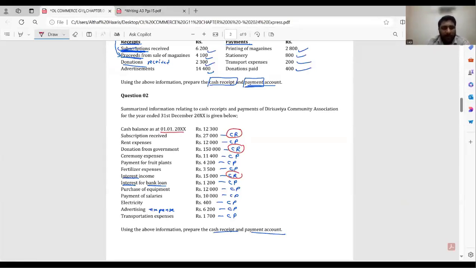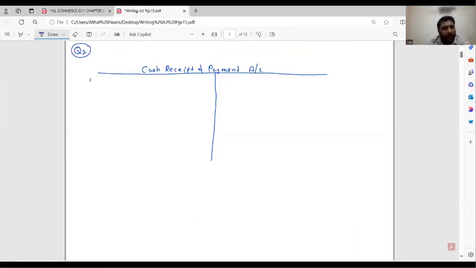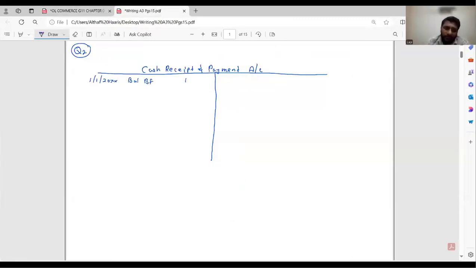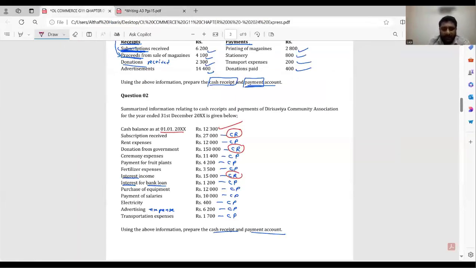So 1st January 20XX, balance BF. How much is that? 12,300. Then we'll record all the cash receipts. Subscription received 27,000.